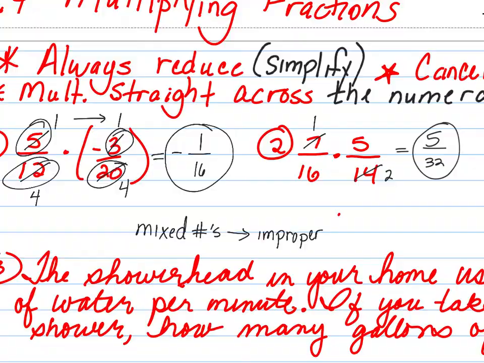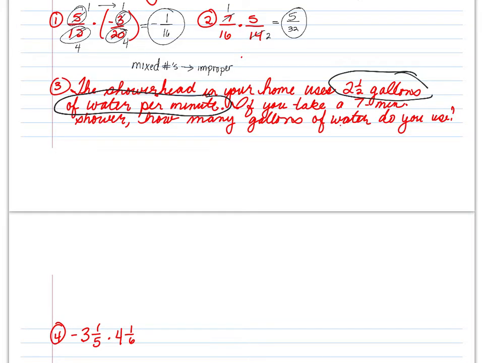Way easier. I'm going to start by writing 2.5, and it's gallons per minute, right? This is very important to know how to do because they're not always this easy. Well, we're going to multiply that by 7 minutes.